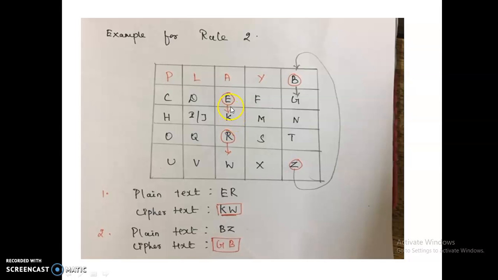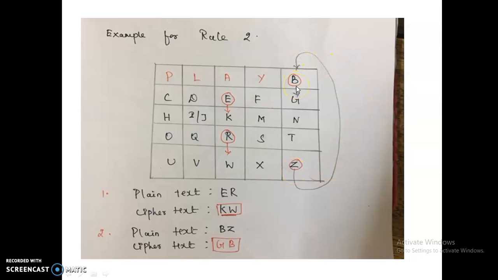So you have to replace them with the immediate letter below, beneath. What letter is placed below the E? K is replaced with E, R is replaced with W. Suppose the letters are in the corner, B in this corner, Z in this corner, how will the replacement happen? For the B, the letter below is G. So the B plain text is replaced with G. The Z plain text is replaced with B.